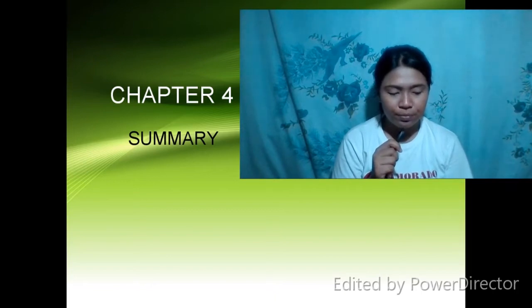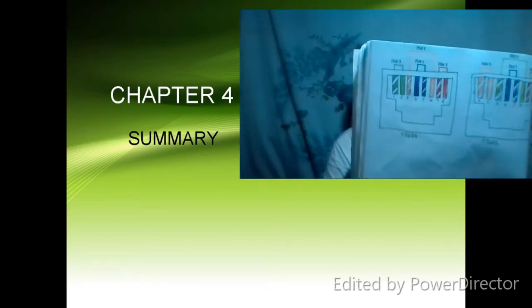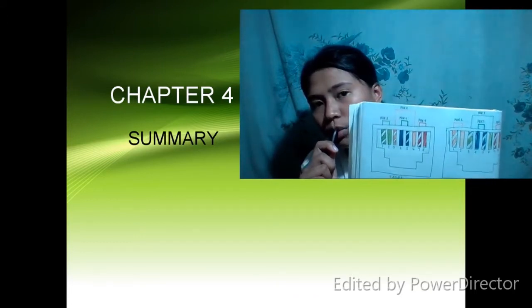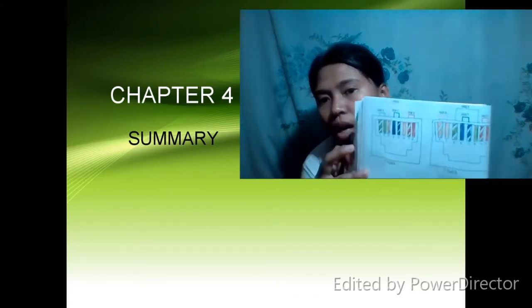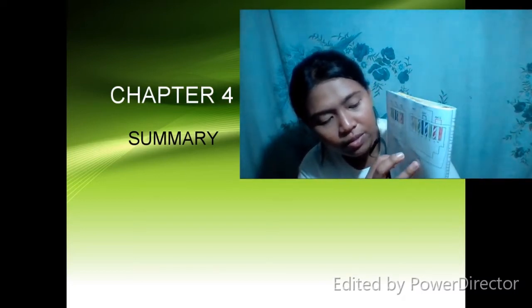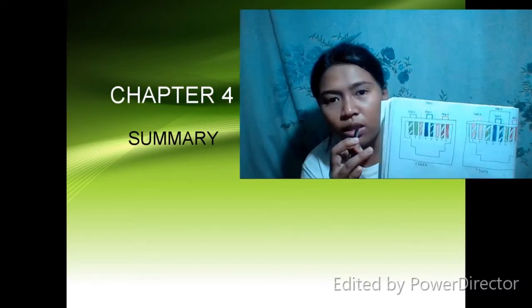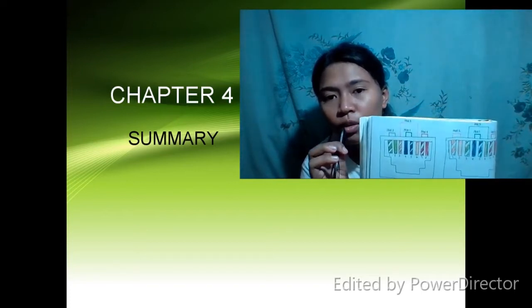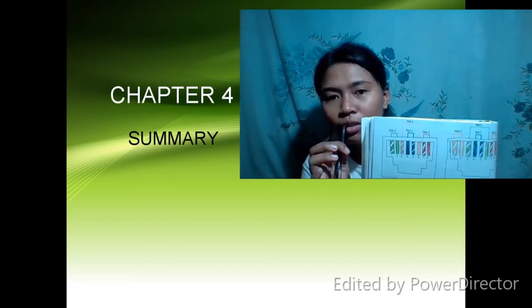As you can see in this drawing, there are T568A and T568B. What is the difference between the two? The position of the color of the wires, orange and green.